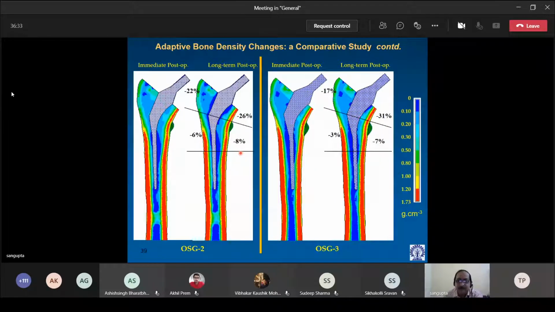You can visit these slides later on because I'll share these slides anyway, so you can have a closer look at it. But OSG1, OSG2, and OSG3, all these 3 designs are resulting in far less effect of stress shielding, and thereby the adverse effect of bone remodeling is reduced to a great extent, thereby, of course, increasing the durability and success of the implantation procedure.